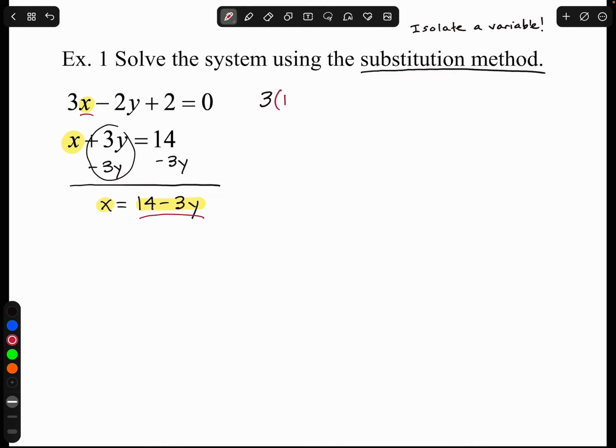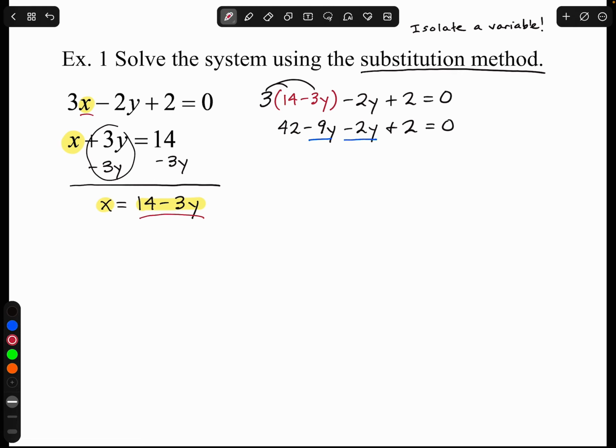So now we've got 3 times the quantity of 14 minus 3y, because that's what x equals, minus 2y plus 2 is equal to 0. Let's go ahead and distribute our 3 through. We've got 14 times 3 should be 42, minus 9y, minus 2y plus 2 is equal to 0.